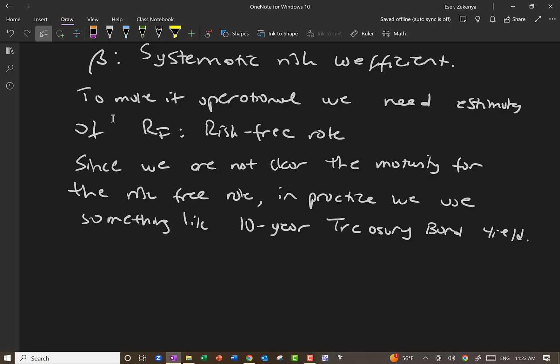So when you invest in the stocks, you don't invest it for tomorrow. You invest it for long term. So in that sense, it's kind of a reference rate. It's a rate against which we're measuring the success and failure of the investment. So that part is fine. Beta is something to be estimated.